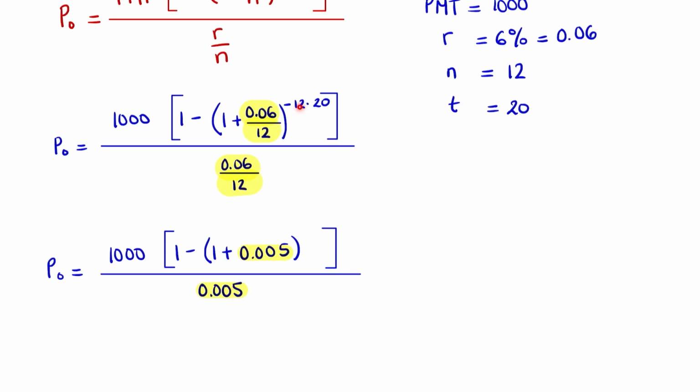And from here, I'll take 12 times 20, that is 240. So the exponent here is negative 240. Next, I'll take 1 plus 0.005, which makes it 1.005.